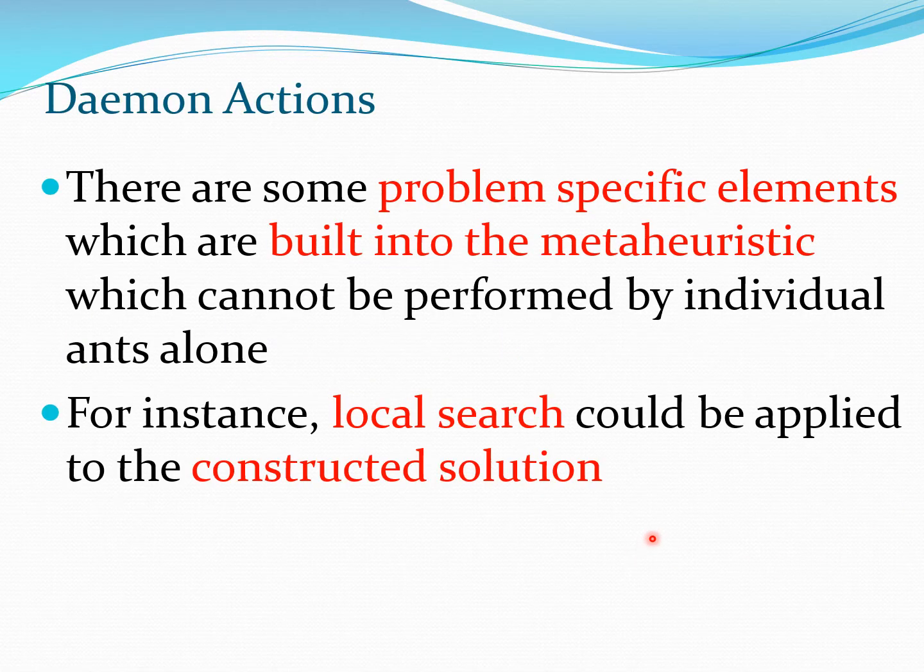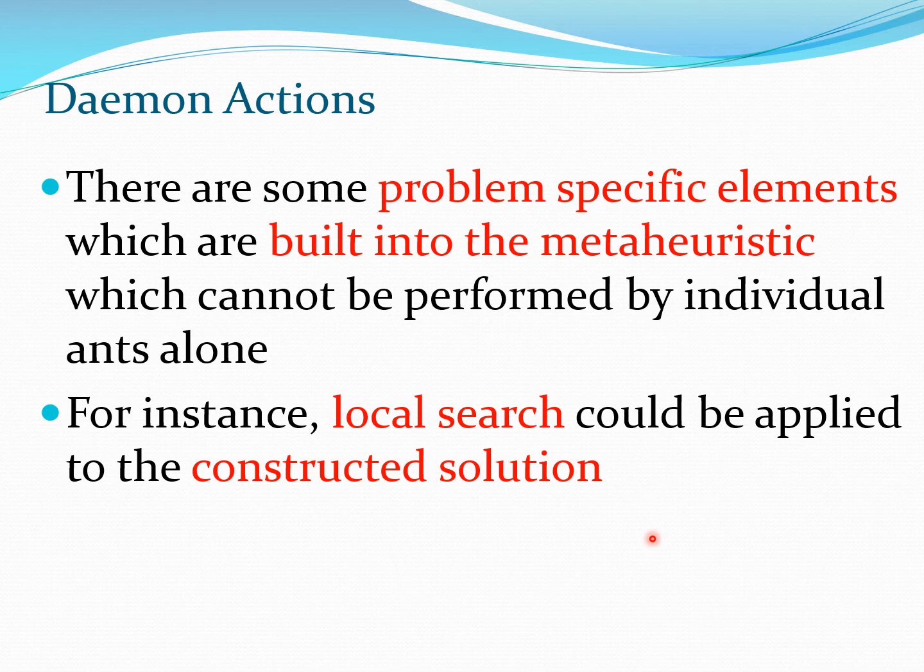Now let us turn to the second set of tasks, which are the Daemon actions. These are some problem specific tasks which are built into the metaheuristic, and these tasks typically cannot be performed by the ants separately. For example, we could create local searches which could be applied to the constructed solution. So these local searches could enhance the constructed solutions.